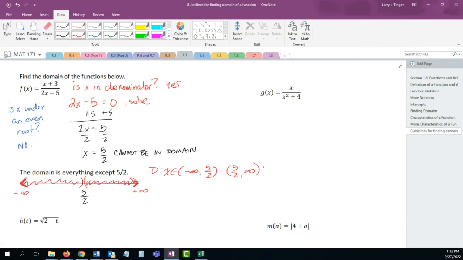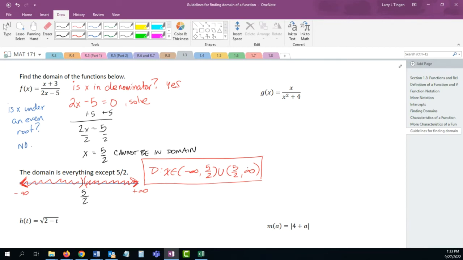Notice both of them have parentheses because all of this work is to get rid of 5/2, just 5/2. When I have multiple intervals, I have to put them together with an "and" that is a union for us.